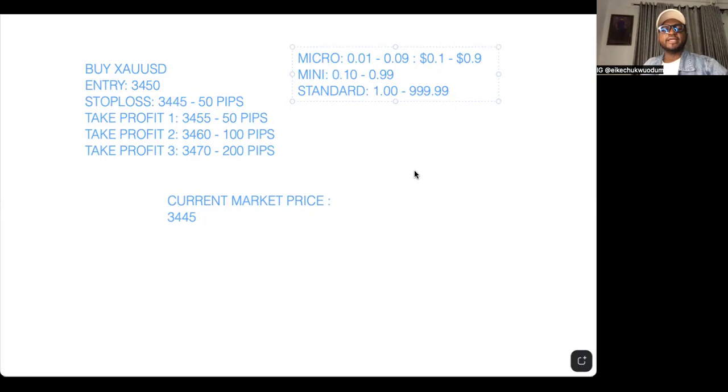So you can now simply say this particular trade, with the pips to the stop loss and to TP1, has a risk to reward ratio of 1:1. It means that if I win, I make $5. If I lose, I lose $5 as well.